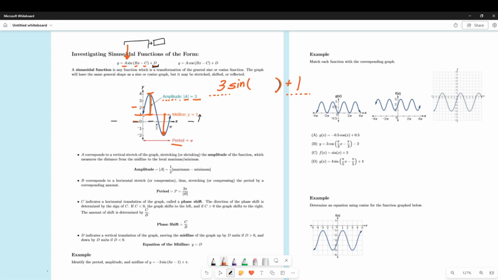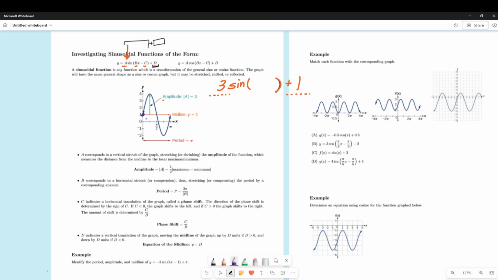Now, we don't have a phase shift in this one. We'll talk about phase shifts more very shortly. But the reason I say it doesn't have a phase shift is because you might notice it is starting on that y-axis like we think it should.